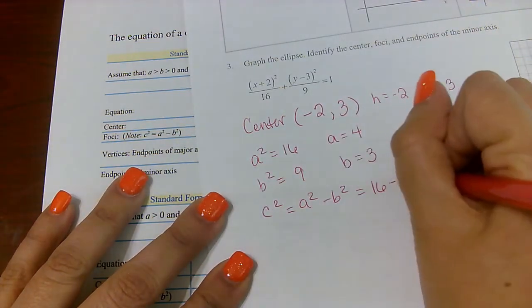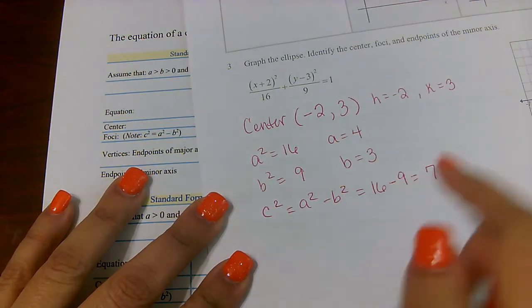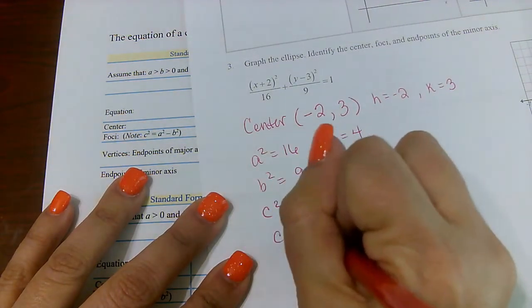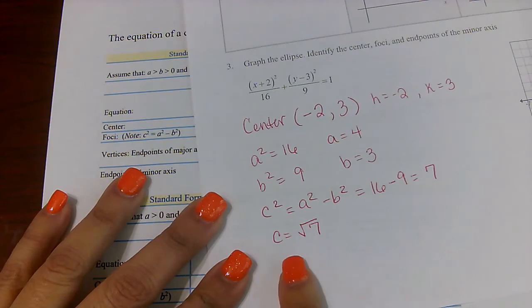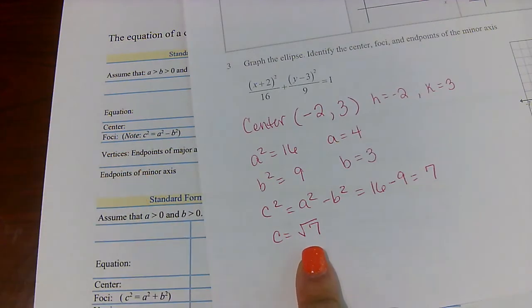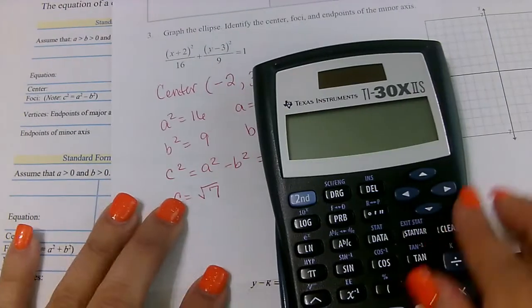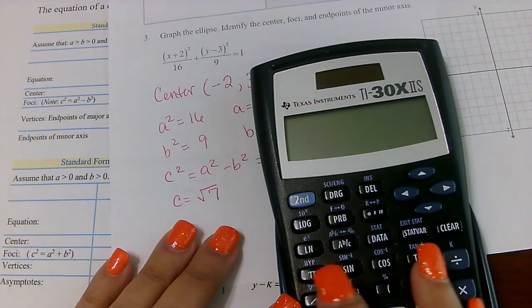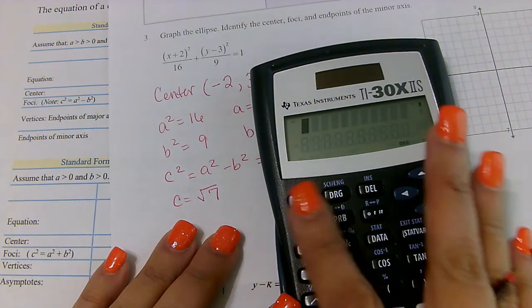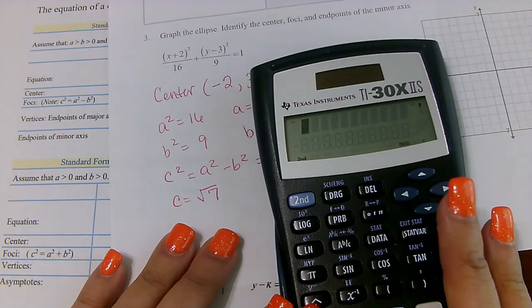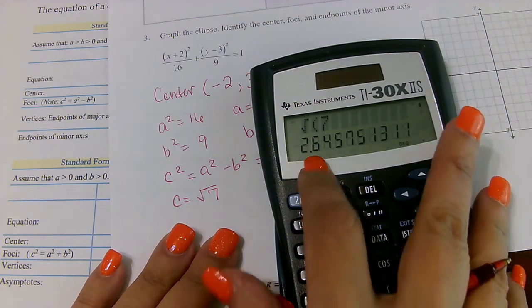So here I get c squared is equal to 7. So c is equal to the square root of 7. Remember, leave it in this form, but if you do want to find out what that value is for graphing purposes, go ahead and put that approximation. I'm going to do the square root of 7. It's approximately 2.6.